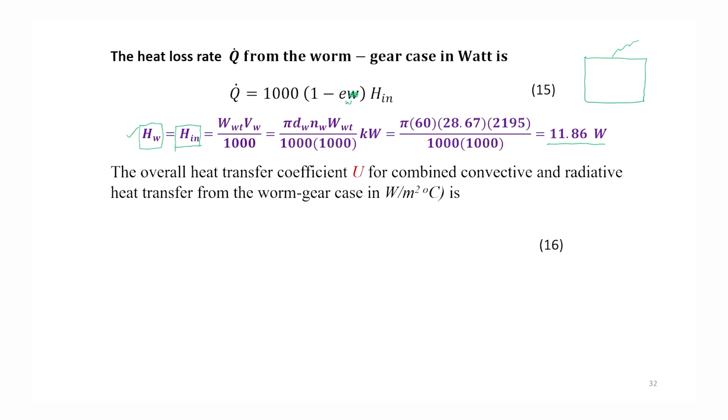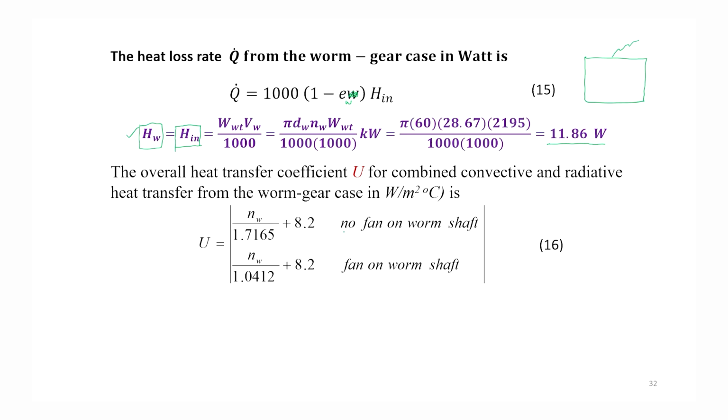The overall heat transfer coefficient U for the combined convective and radiative heat transfer from the worm gear case in watt per meter square per degree centigrade is given by this formula. When no fan on the worm shaft, that means only natural convection is there for the transfer of heat, and when fan on the worm shaft is there.